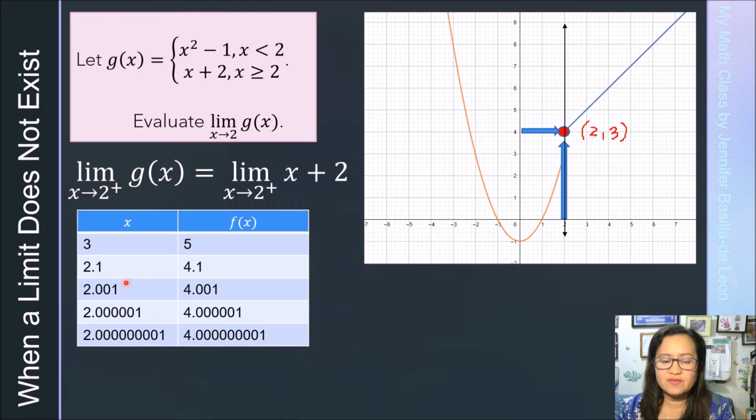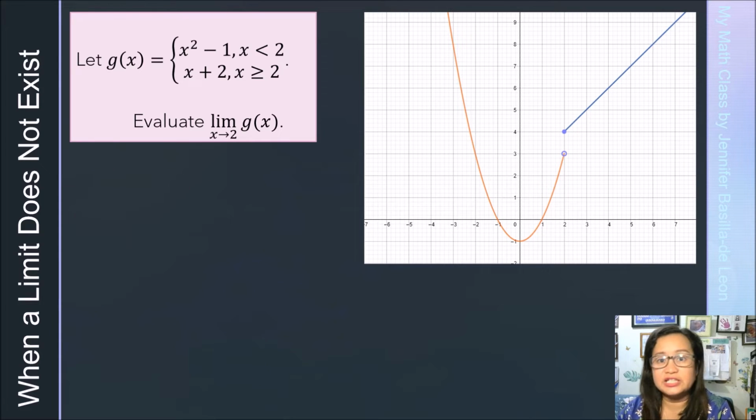Considering all these values of x, which are to the right of 2, we would have these values for f of x. As you see the trend, as x approaches 2, the value of f of x approaches 4. Therefore, we can say that the limit of x plus 2 as x approaches 2 from the right is 4.